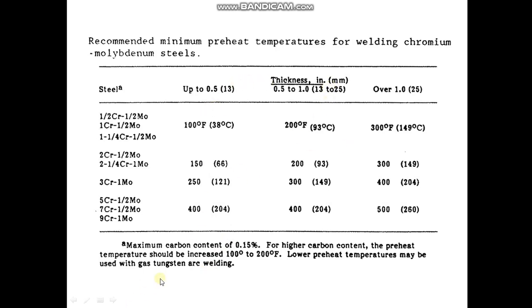Footnote A states a maximum carbon content of 0.15 percent in the steel. For higher carbon content, the preheat temperature should be increased by 100 to 200 degrees Fahrenheit. Lower preheat temperature may be used with gas tungsten arc welding processes.